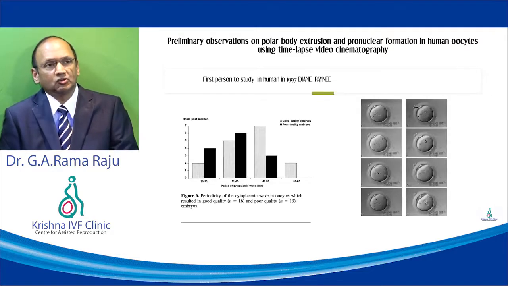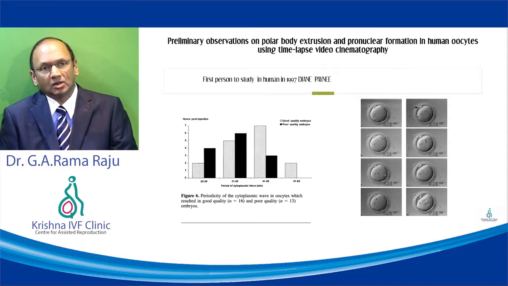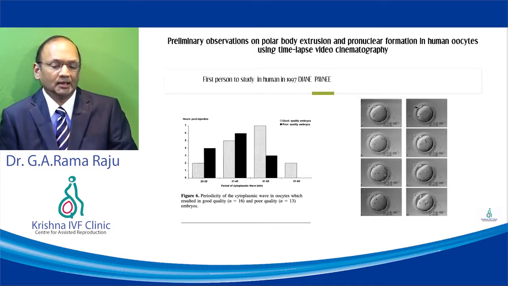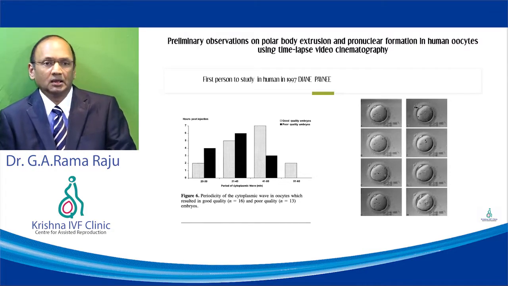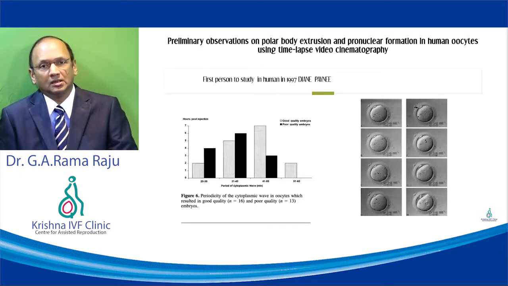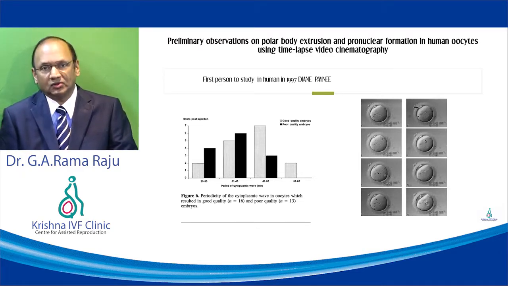But when it comes to human studies, it took a lot of years. The first work was done by Diane Payne in 1997, where she used an incubator with a single inverted microscope and studied 50 oocytes. She studied the cytoplasmic wave pattern and the appearance and disappearance of the pronuclei, and said that these will be predictors.